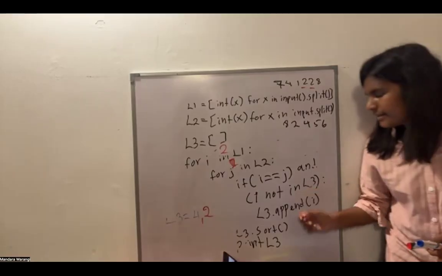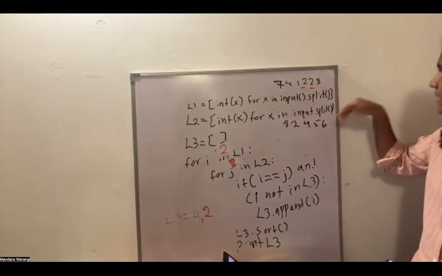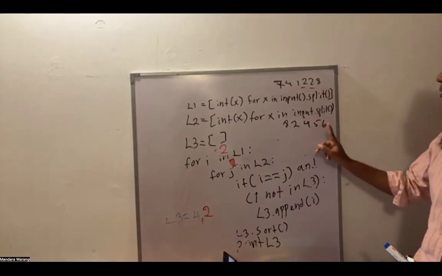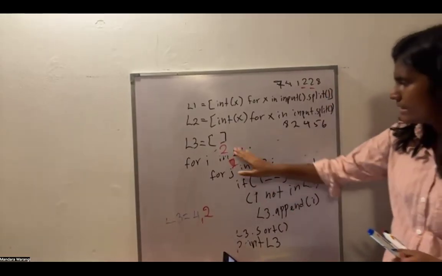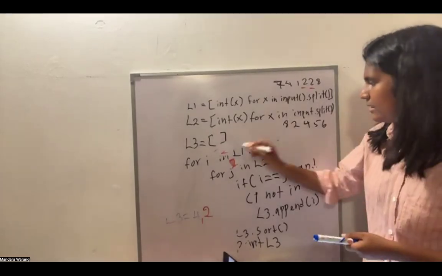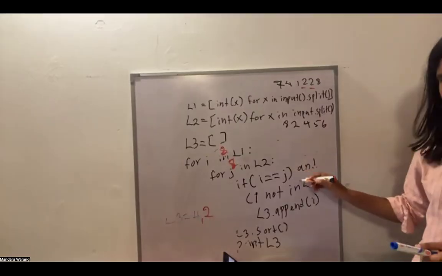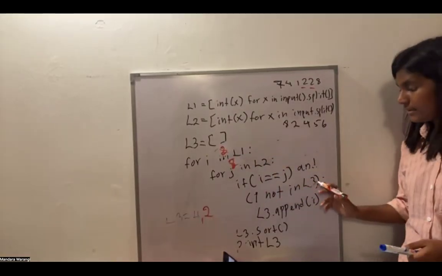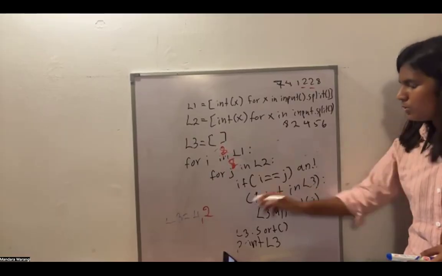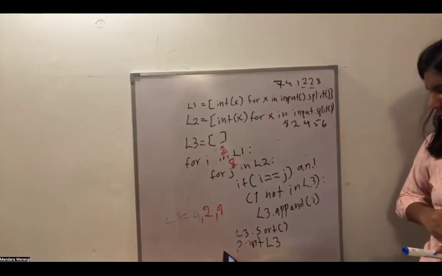So we don't add it. Then we go to 4, 5, 6, and they don't match. Then we go to 8. When 8 comes, 8 equals 8. Is 8 in L3? No. So we add it. So this is the output.